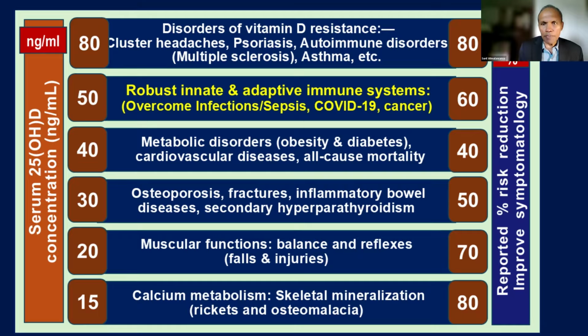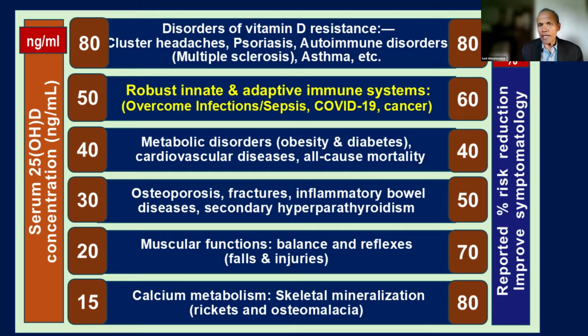The small group of subjects or patients I'm talking about are like cluster headaches, migraine, resistant migraine, drug-resistant psoriasis, immune disorders like MS, and asthma. Again, these are drug-resistant disorders. They are going to require a minimum of about 80 to about 130, 140 nanograms per milliliter in their serum level to overcome the disease.